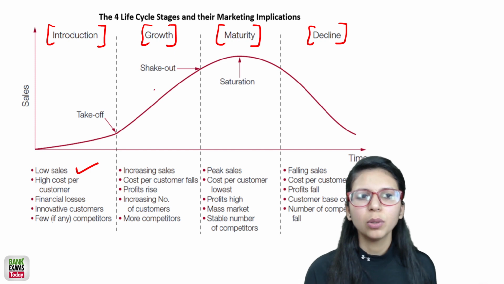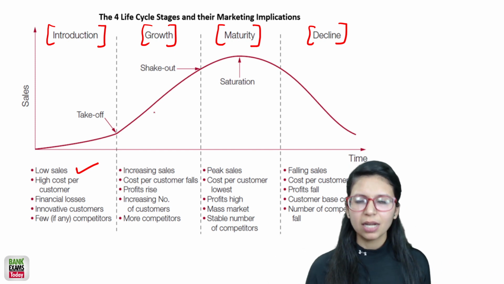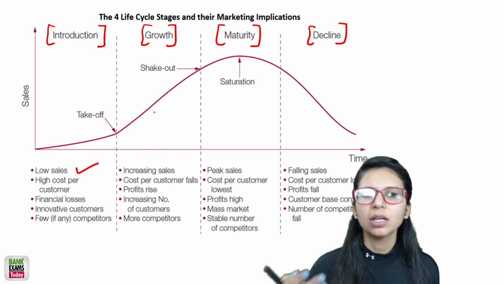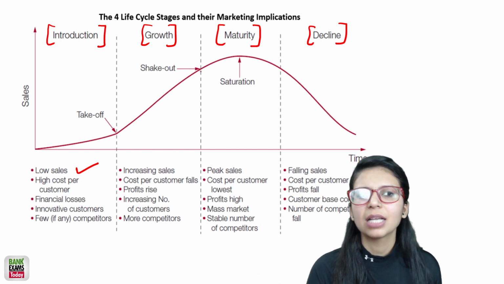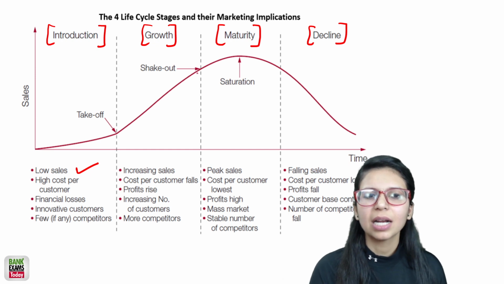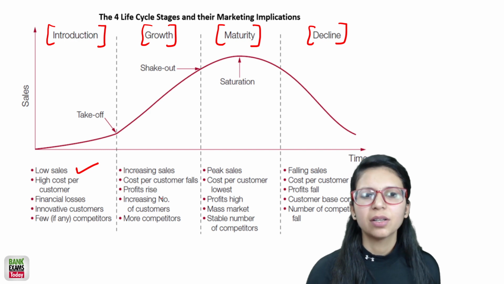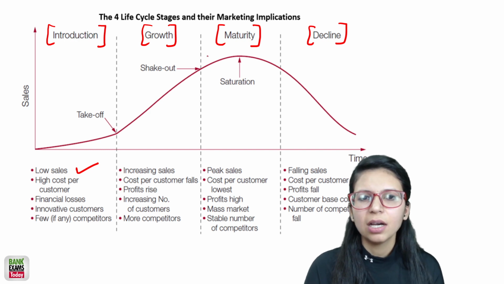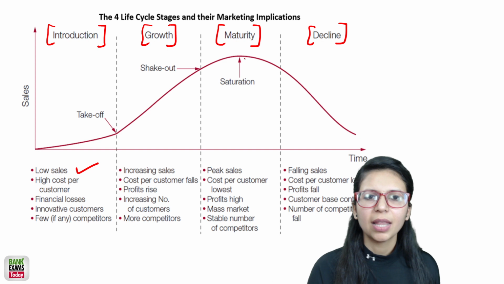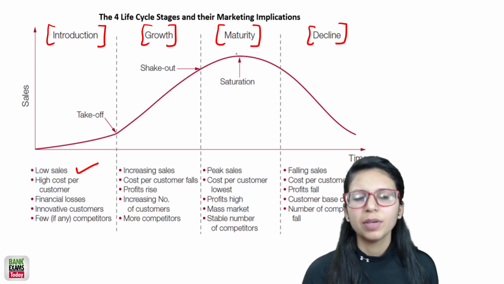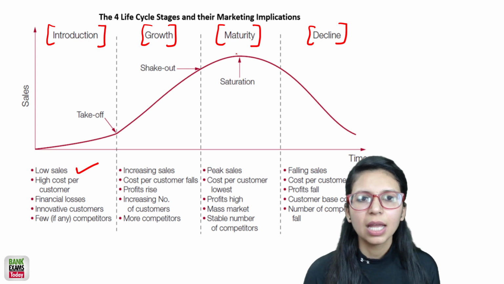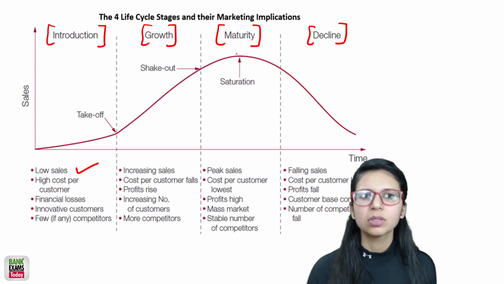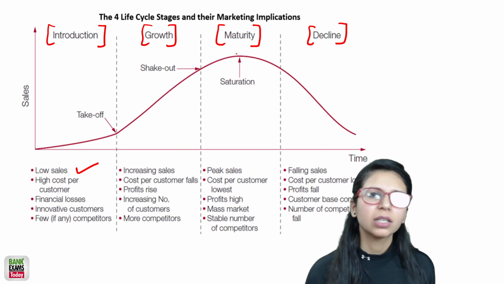Then slowly, when you have built the customer base, you are at a growth stage where the sales will slowly and gradually start increasing, right? Profit will increase, your customer base will increase. Then at some point other competitors will start coming into the market, and they will produce a number of alternatives for the product you have introduced.